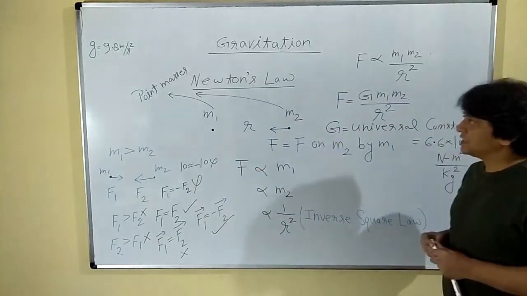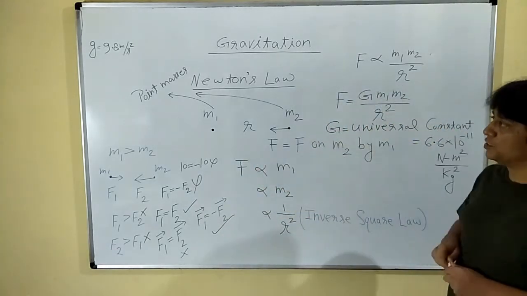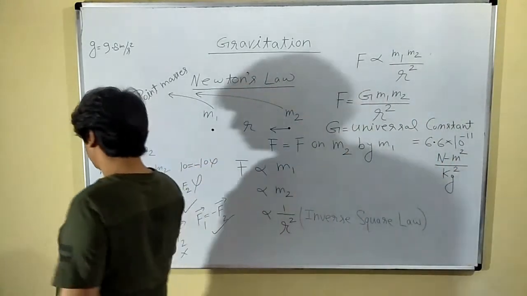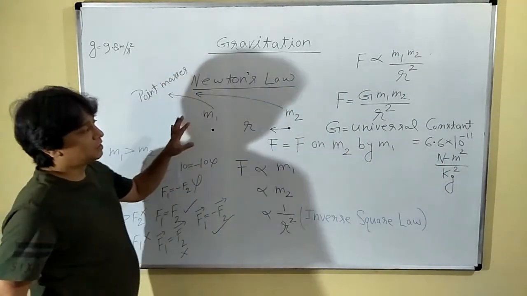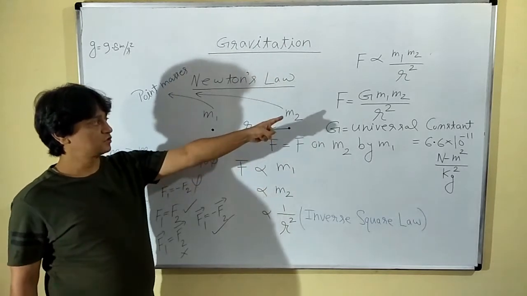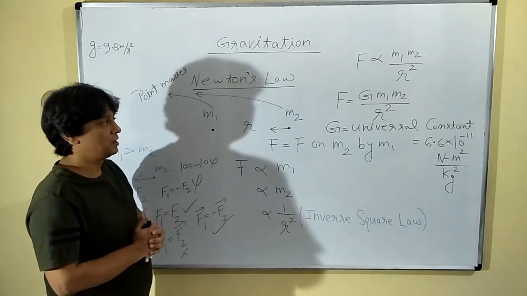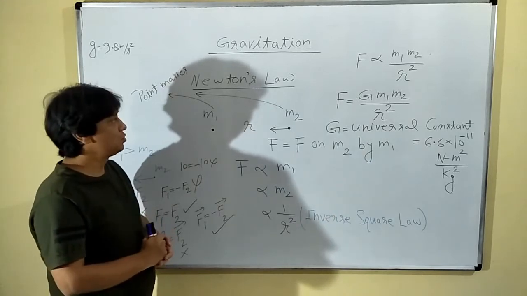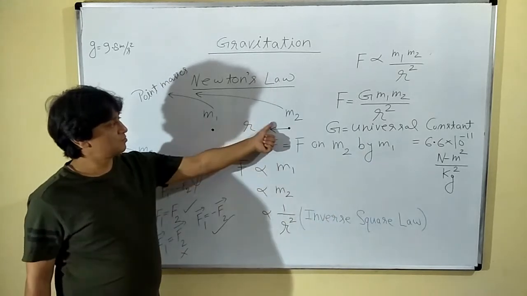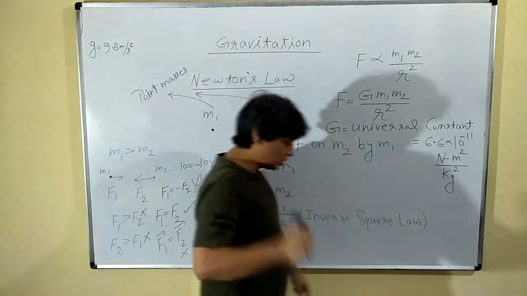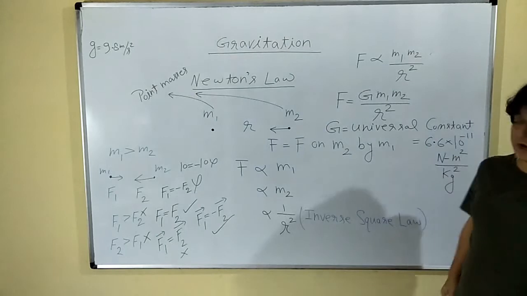Now, इतनी पूरी इंफॉर्मेशन में सबसे काम की चीज जो आपको याद रखनी है that this law in this form F equals to G m1 m2 upon r square is valid only if m1 and m2 both are what? Point masses. Write down this as an important statement.